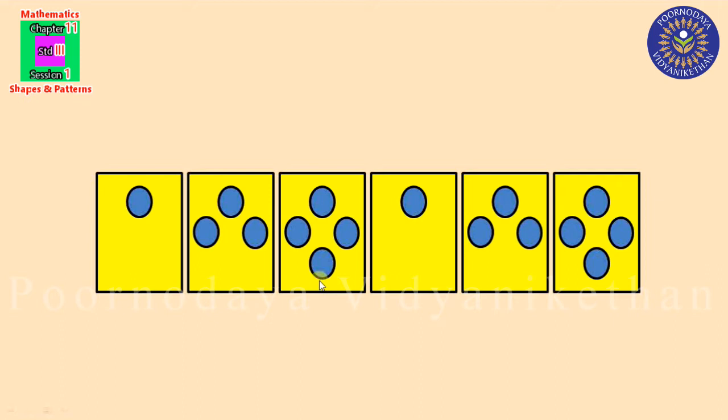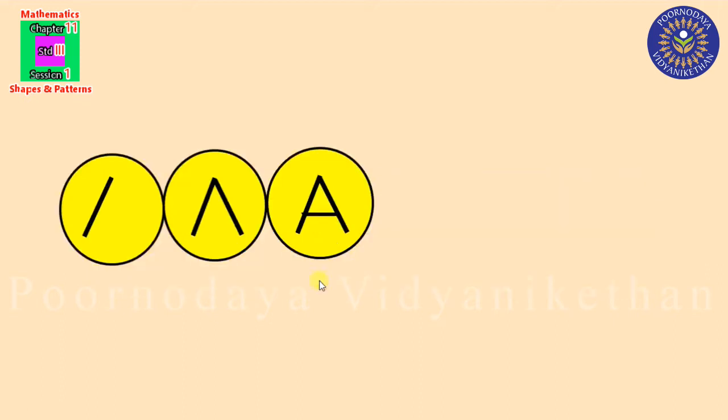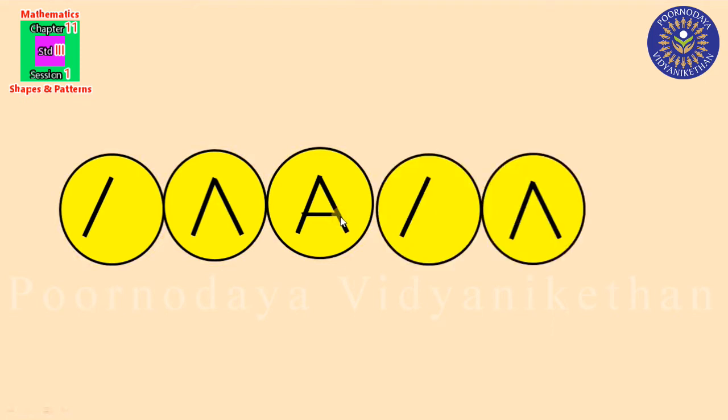Clear? Next, the first one is a slant line. Then next, 2 slant lines. Then the third figure, capital letter A. Those 2 slant lines form A. Again, we have to draw the first slant line. Again, 2 slant lines. Then capital letter A.